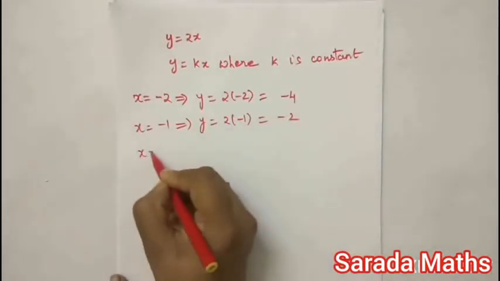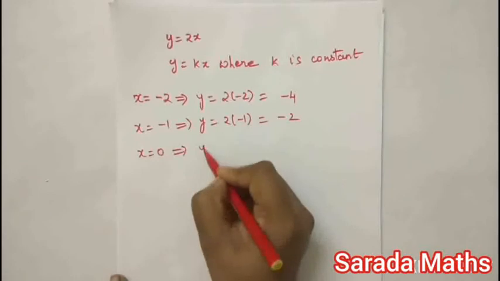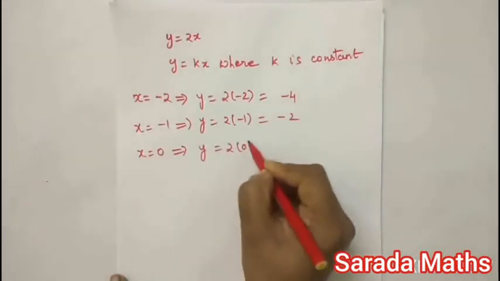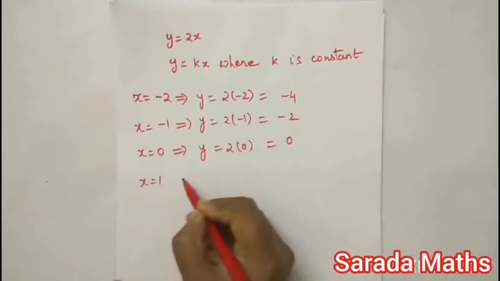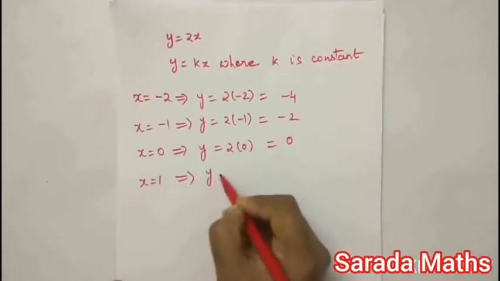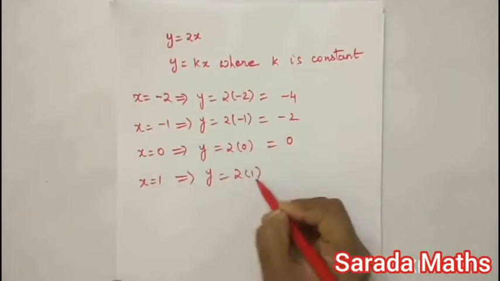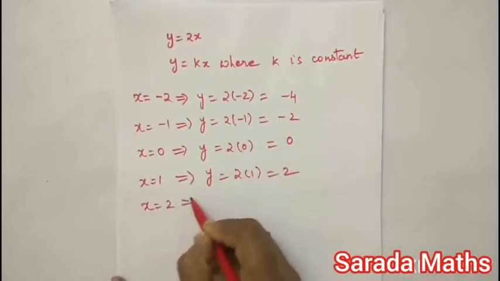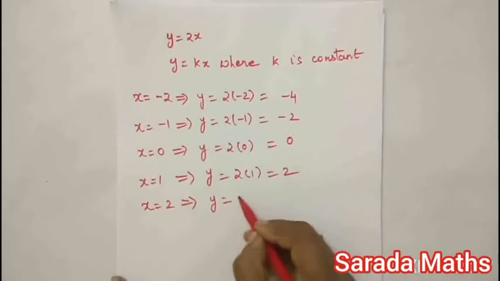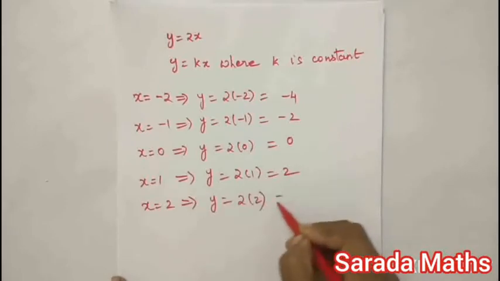At x is equal to 0, we get y equal to 2 of 0 is equal to 0. At x is equal to 1, y equal to 2 into 1 equal to 2. At x is equal to 2, y equal to 2 into 2 equal to 4.